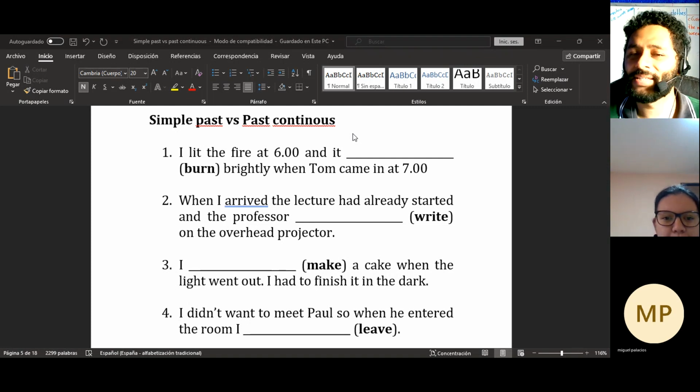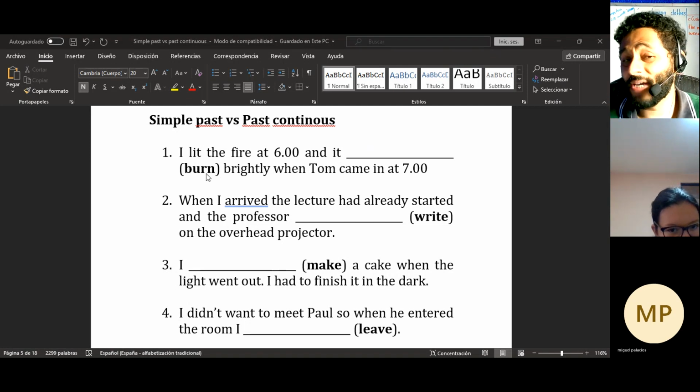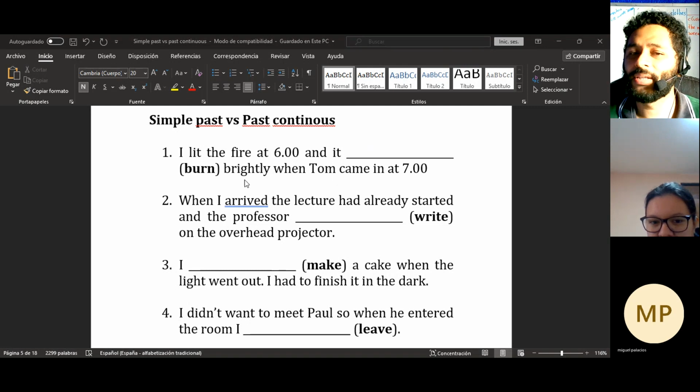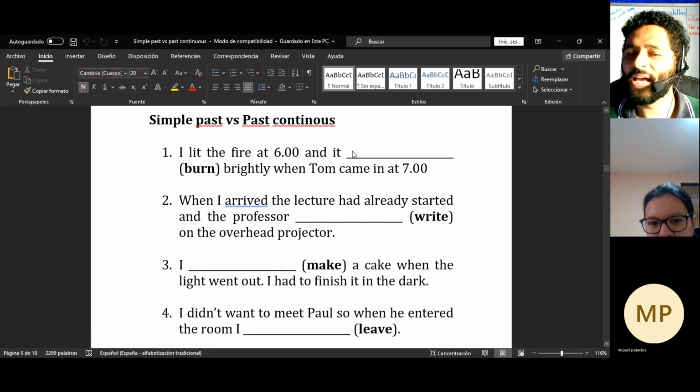Okay. So let's do the first one as an example. Lit es encender, ¿no? Encendedor, lit. So I lit the fire at 6, and you have the verb burn brightly when Tom came in at 7. So in this case, how would you put the verb burn? In simple past or in past continuous?